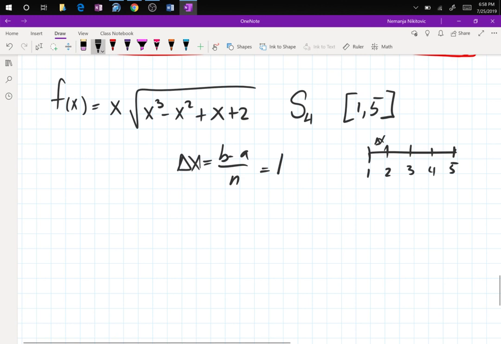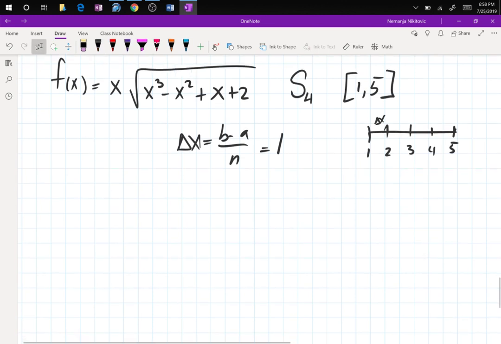So now, all I need to do is plug this in. So S4 is going to be 1 over 3 because it's delta x over 3. Delta x is 1, so 1/3 in there.